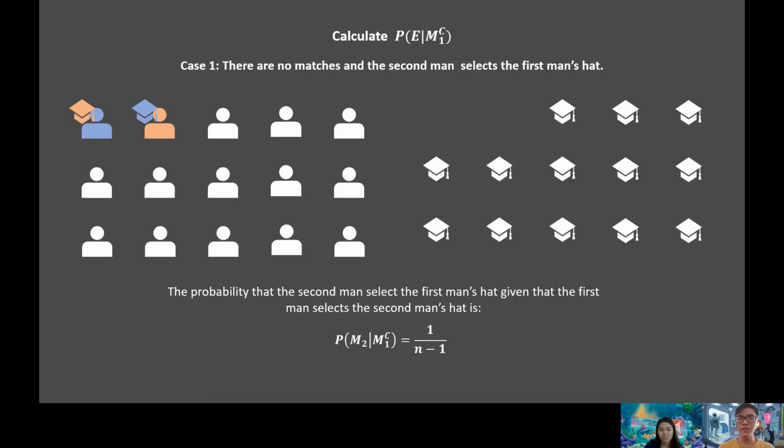Now let's look at the first case. In the first case, the probability that the orange man would select the blue man's hat is equal to 1 divided by n minus 1, because he has to choose one hat among the n minus 1 hats left.